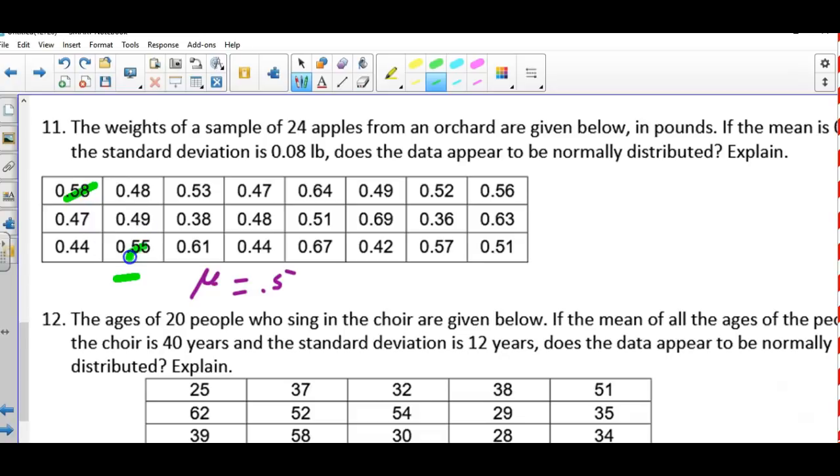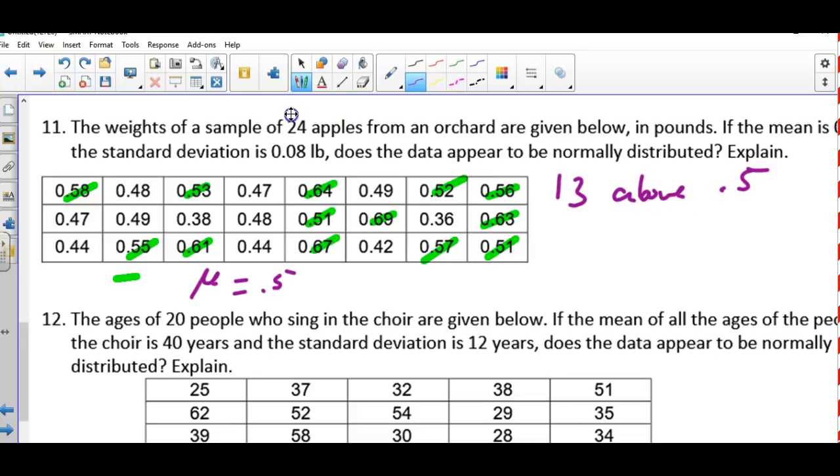That's above 0.5, above 0.5, above 0.5. So 1, 2, 3, 4, 5, 6, 7, 8, 9, 10, 11, 12, 13. So 13 of these weights are above 0.5, above the mean.